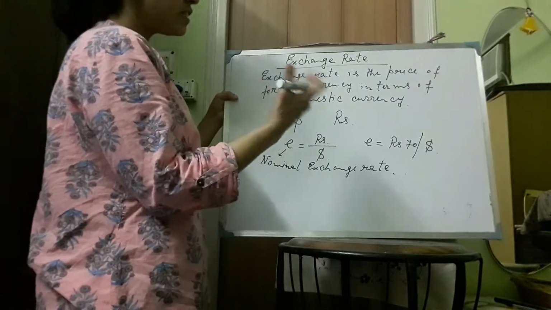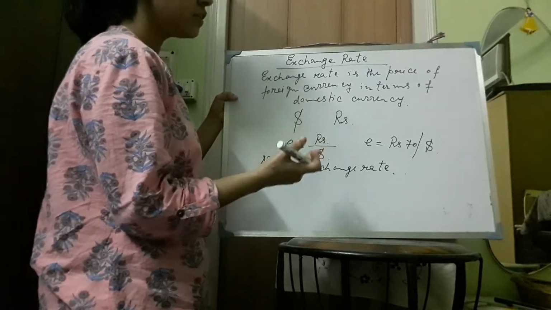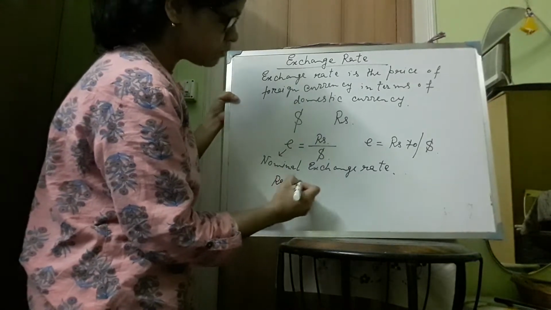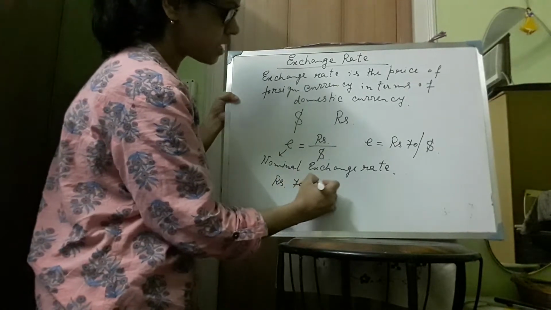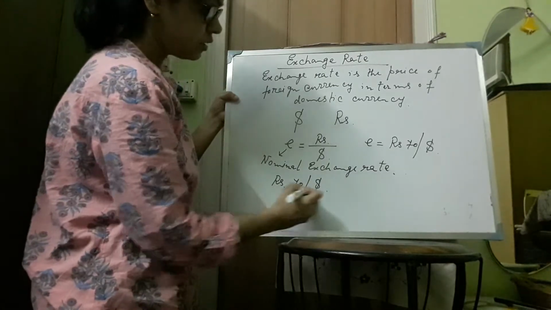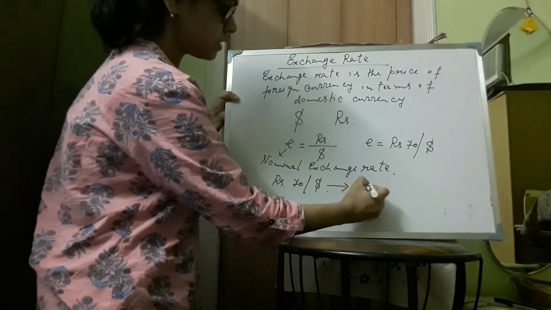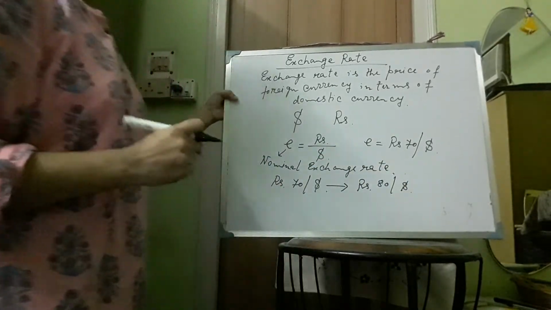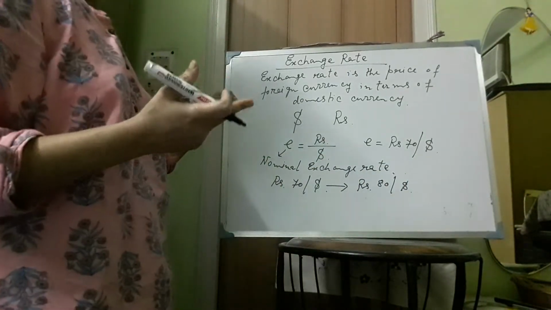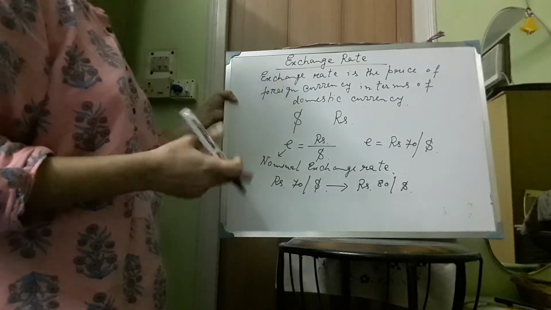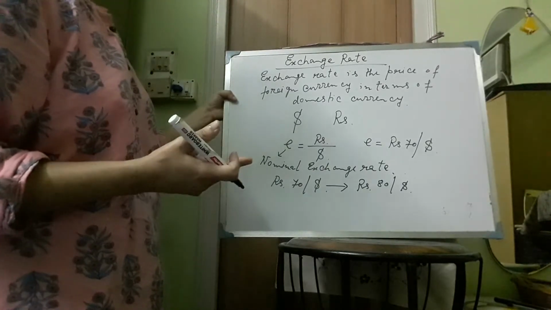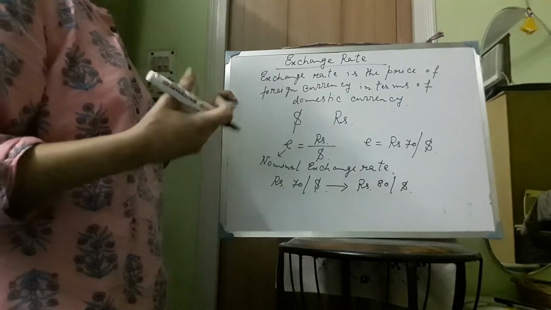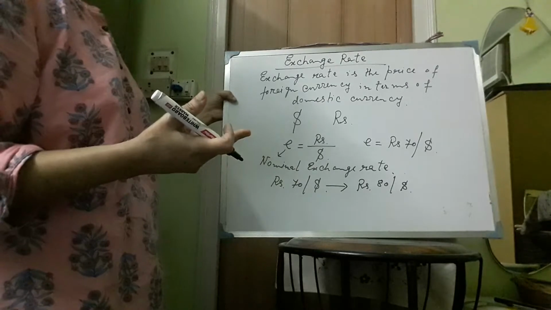Now E can rise, E can fall. So the nominal exchange rate may rise, it may fall. Now suppose initially E was rupees 70 per dollar and now E changes to rupees 80 per dollar. That means the price of $1 is now higher. Initially it was rupees 70, now it is rupees 80. So the price of dollar has been increased in terms of rupees.